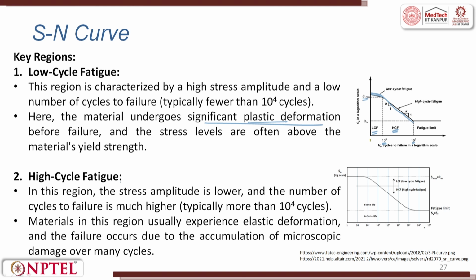When we talk about high cycle fatigue, the stress amplitude is lower, and the number of cycles is higher than 10 to the power 4. The material in this region experiences elastic deformation, and the failure occurs due to accumulation of microscopic damages.